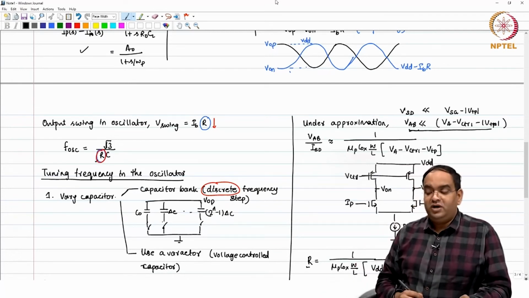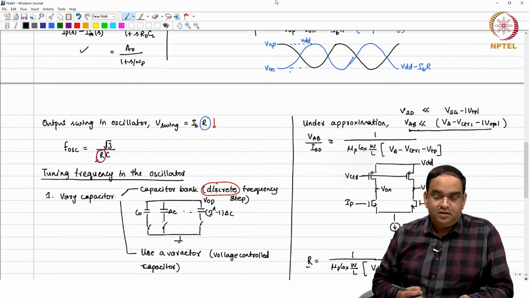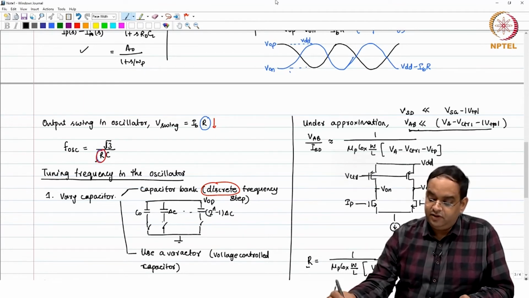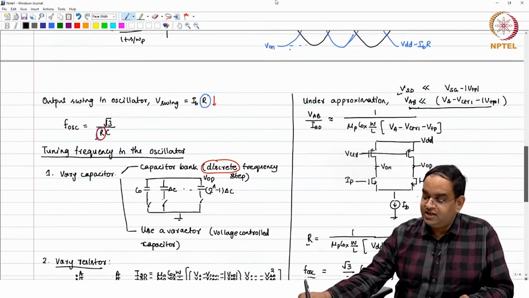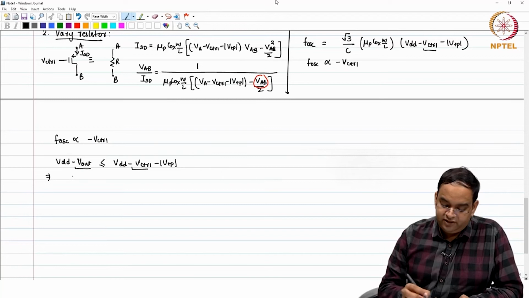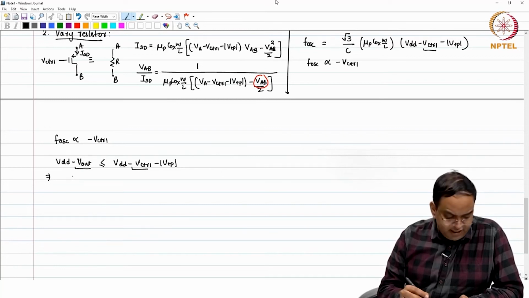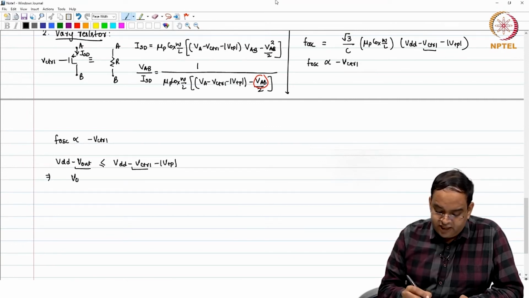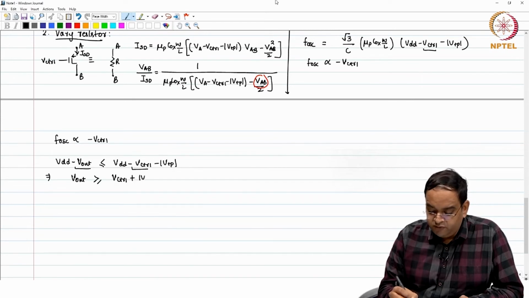So, when your gate overdrive is larger than your source to drain voltage, at that time you are going to have this. So, what you get from here is that VDD minus V out is less than or equal to VDD minus V control minus mod VTP, which means that V out has to be greater than or equal to V control plus mod VTP.